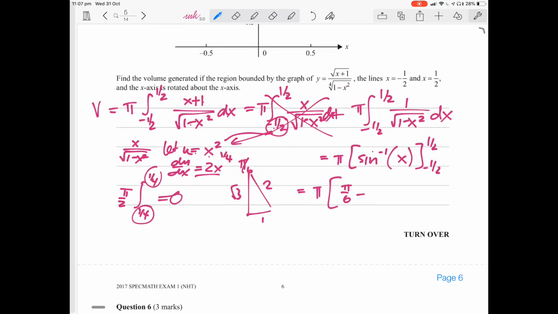That's going to give us negative pi on 6, which, when I add them together, I get pi times, that's going to be plus 2 pi on 6, which is pi on 3, excuse me, which is pi squared on 3 units cubed.